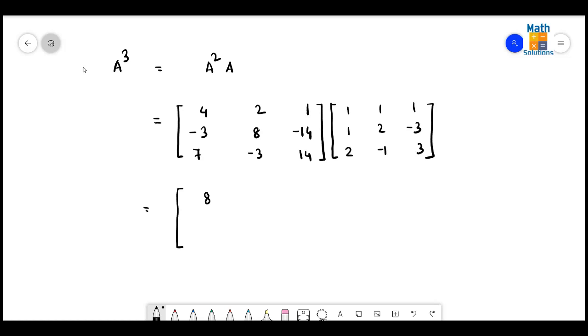Then the second one should be 7. The third one should be 1.